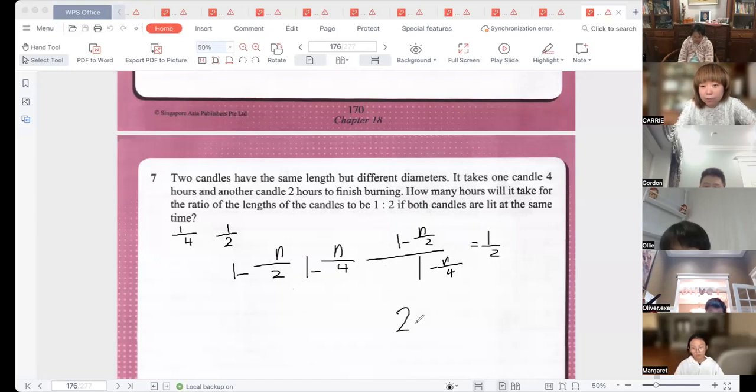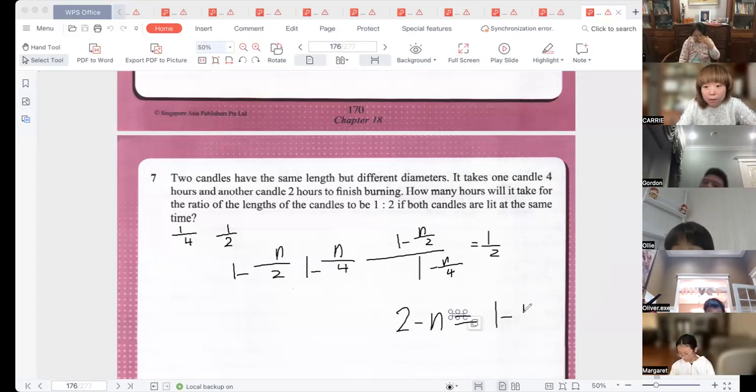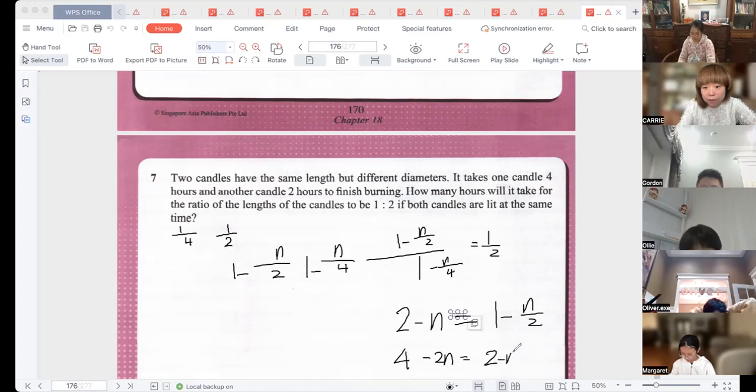So the answer is 2 minus n equals 1 minus n/2. Times 2 at the same time, so 4 minus 2n equals 2 minus n.